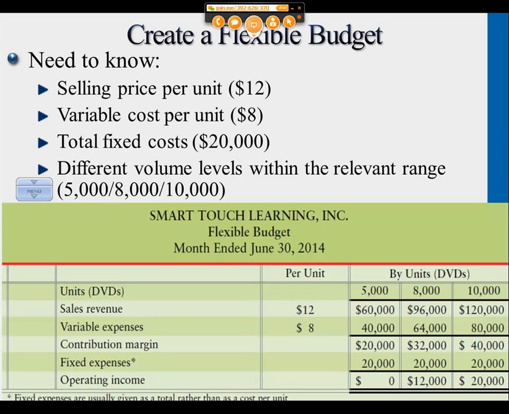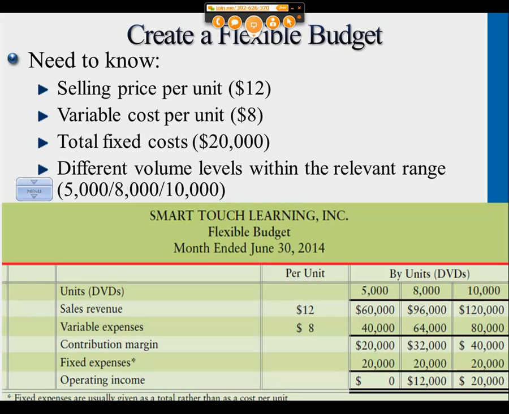To put together a flexible budget, we need to have several things available. It's selling price per unit, variable cost per unit, total fixed cost, and the different volume levels within some relevant range.